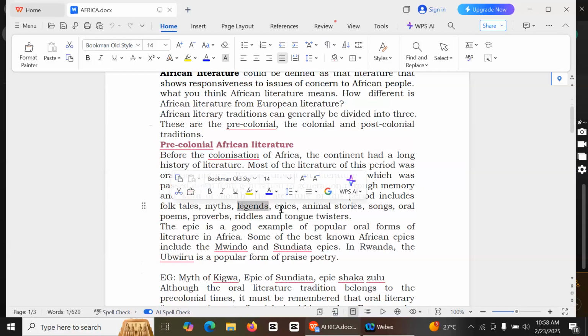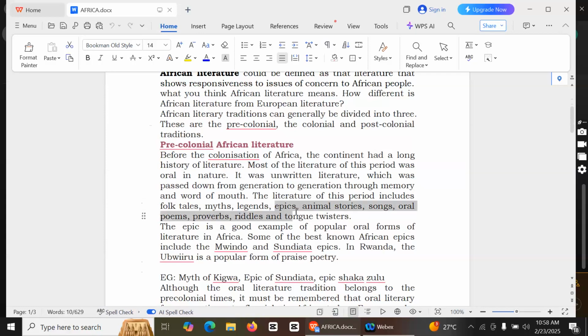Also, we have epics, which we shall see more of. We have animal stories, like ogre stories and Mr. Hare stories. We have also songs, poems or spoken poems, proverbs, riddles, and tongue twisters. Those are examples of literature in pre-colonial Africa.